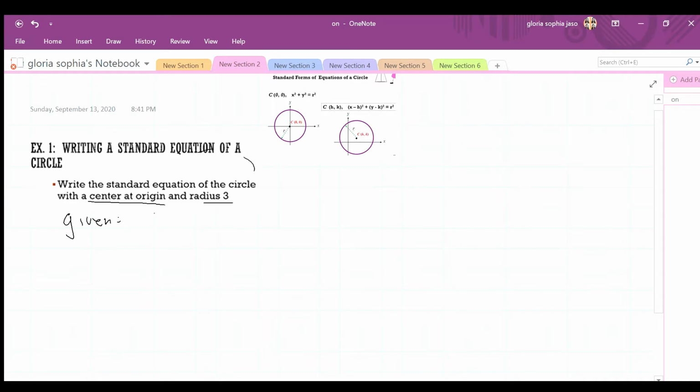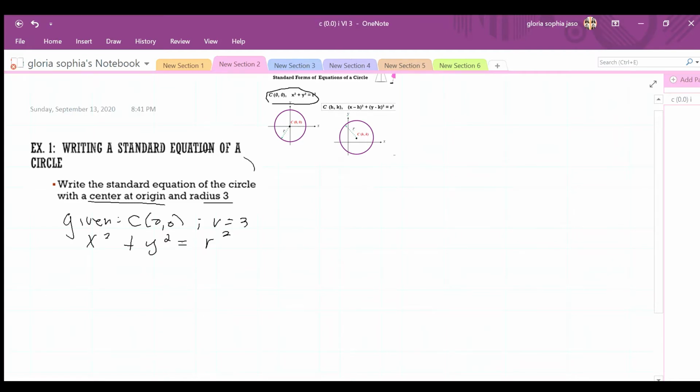So, center at 0, 0 and radius is 3. Since ito yung given, center is at the origin, we will use the first equation, which is x squared plus y squared equals r squared.